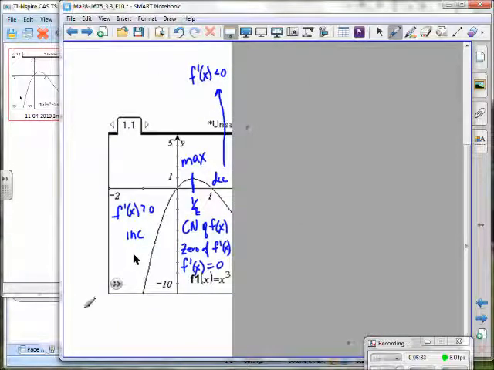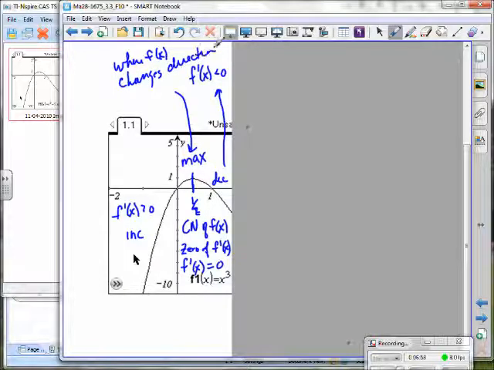So with all of this work, at this critical number, where we have this extrema, this is where the function changes direction. Now, that's an important idea. The function changes from being increasing to being decreasing, from going uphill to going downhill.